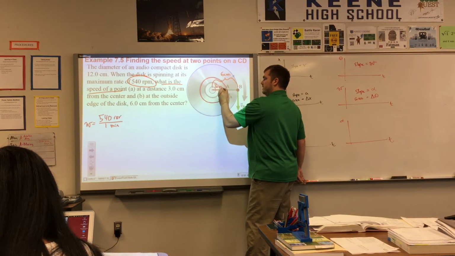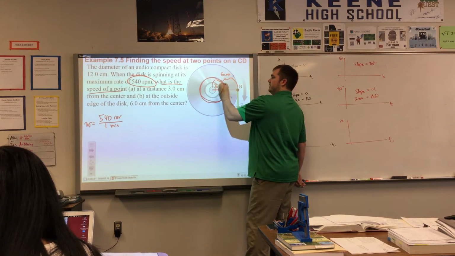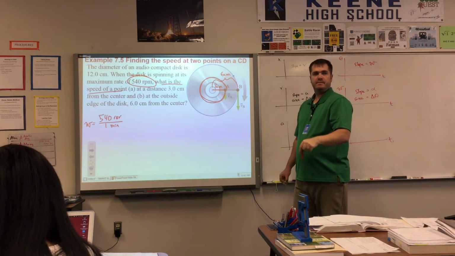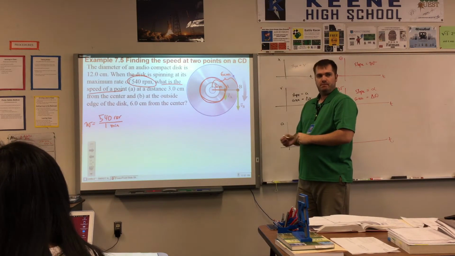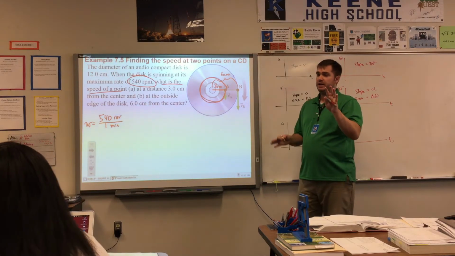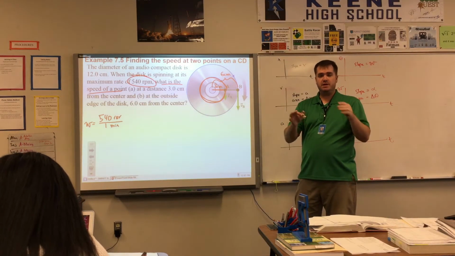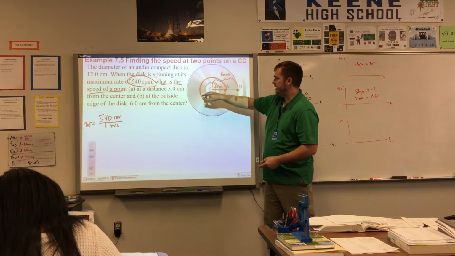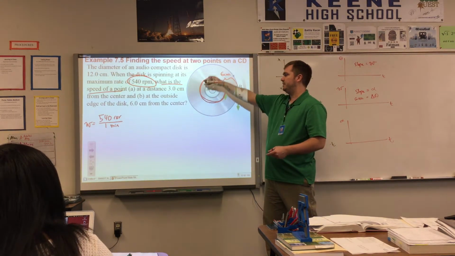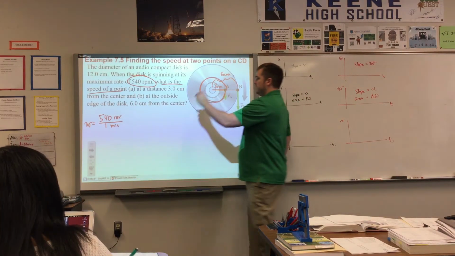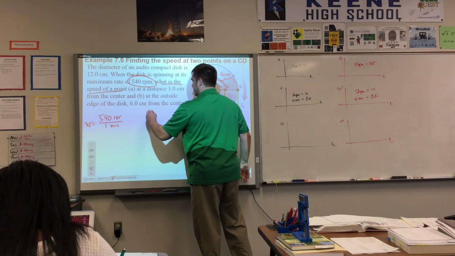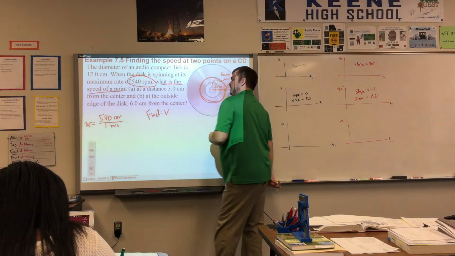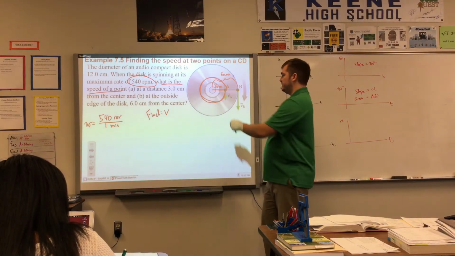What quantity are they asking for? The velocity. They're not talking about angular velocity, they're talking about the linear velocity. How fast is this moving? If this was a little person running, how fast would they be running around? So they want us to find the linear velocity.